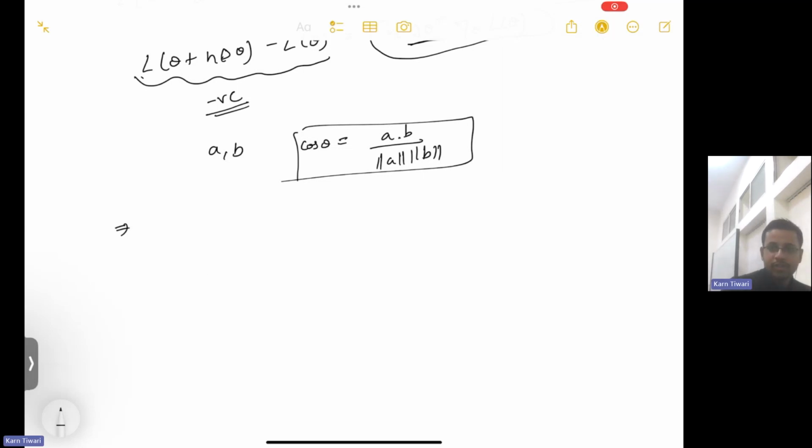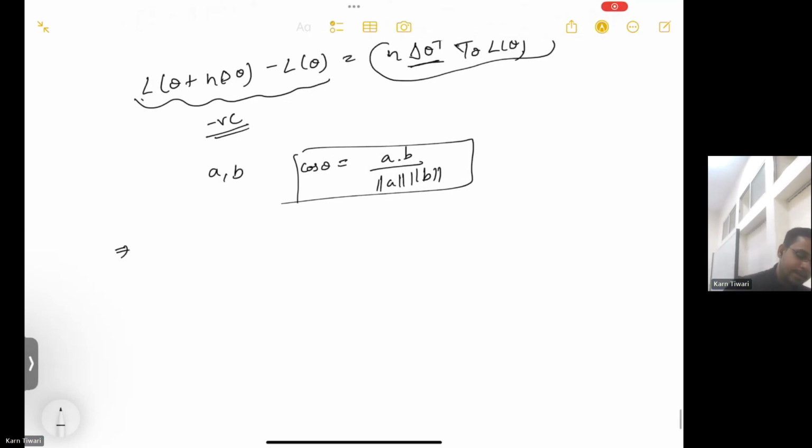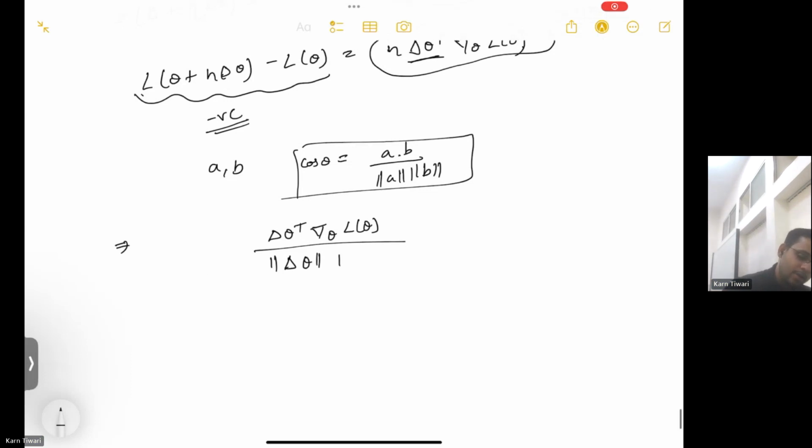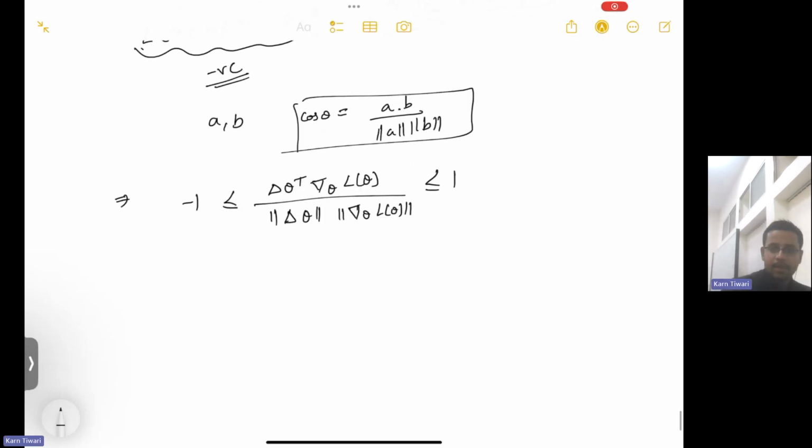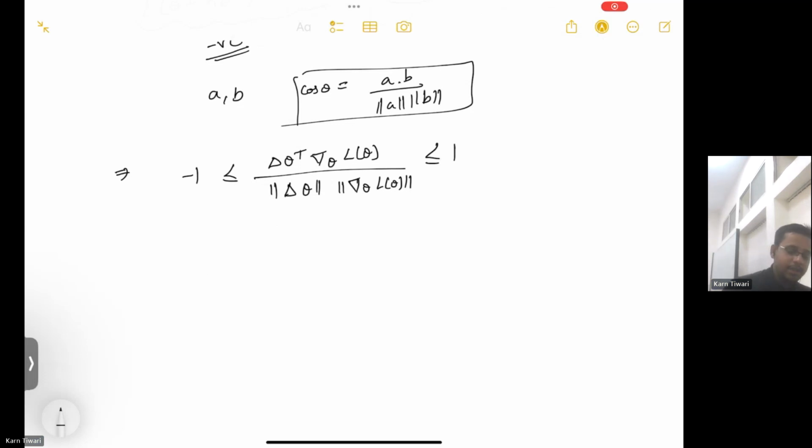The range of cos theta is between -1 and 1, which implies that del theta transpose gradient of L theta divided by norm of del theta, norm of gradient of L theta is bounded above by 1 and bounded below by -1. Okay. This is what we got as of now.